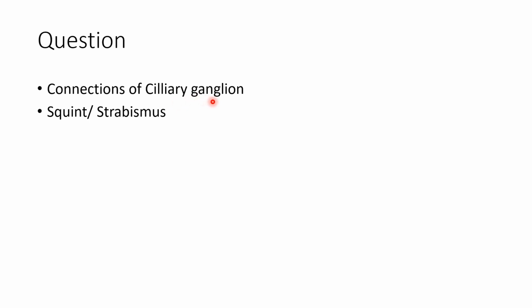And you should be able to correlate all the extraocular muscle movements with the squint, the nerve supply of the extraocular muscles and the related applied aspects, that is medial squint, lateral squint, and superior oblique paralysis. Thank you.